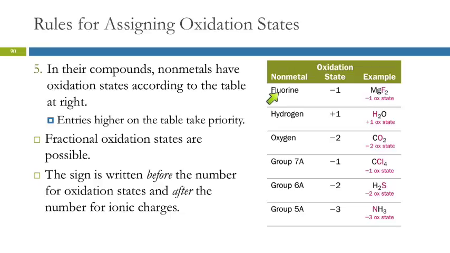So I think of it this way, that fluorine wants to have an oxidation state of -1. So in an ionic compound, it will have that charge, and the charge is the same as the oxidation state. But in a compound, a molecular compound, fluorine doesn't have a charge, but we assign it an oxidation state equal to the charge it normally has. Hydrogen.